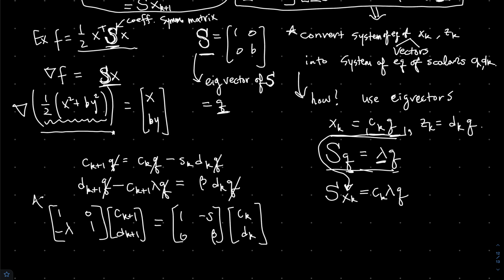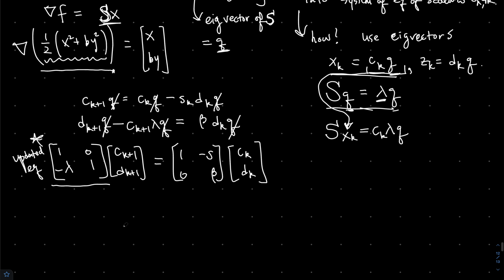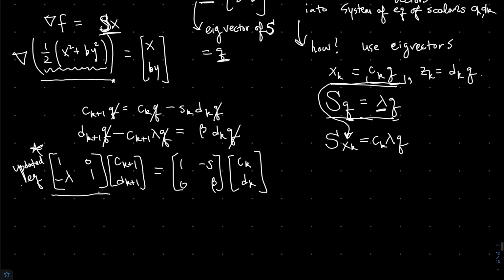So this is the updated equation, and we can find the inverse of this matrix very easily because this is an elementary matrix, a lower triangular matrix with all diagonal values 1. So its inverse is just the sign reversal of the off-diagonal element.